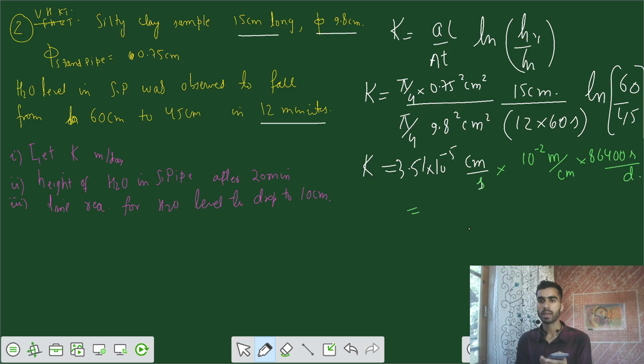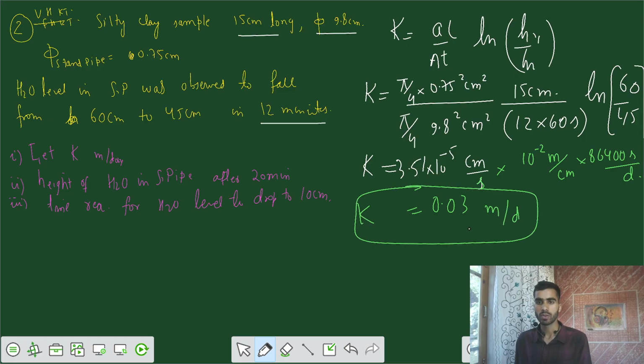So finally we can get the answer this way: multiply by 86400 and divide by 10 to the power 7. That is 0.03 meters per day. Your value of K is 0.03 meters per day for your silty clay sample. So we got the first part.